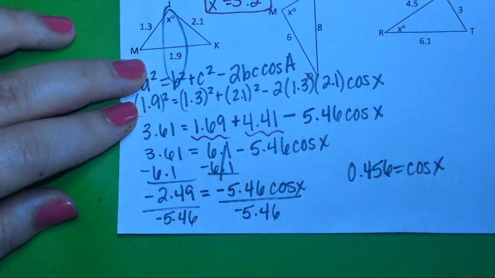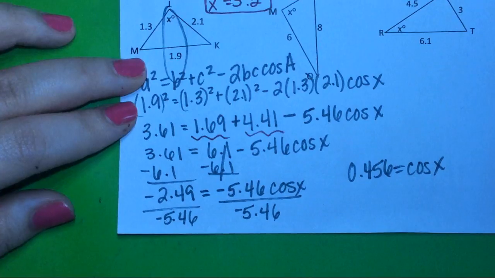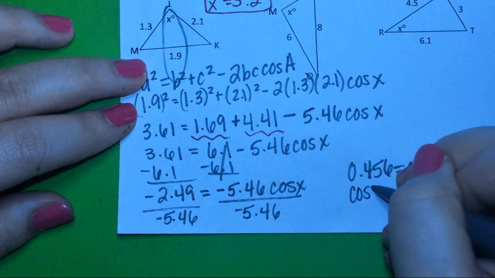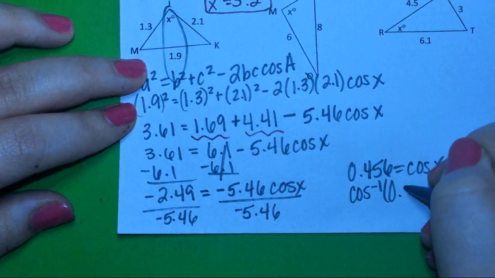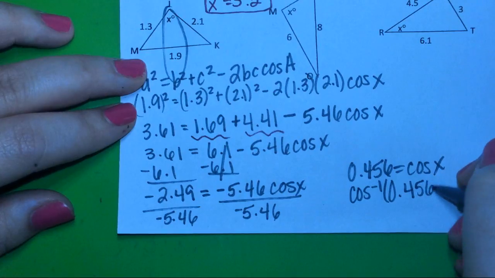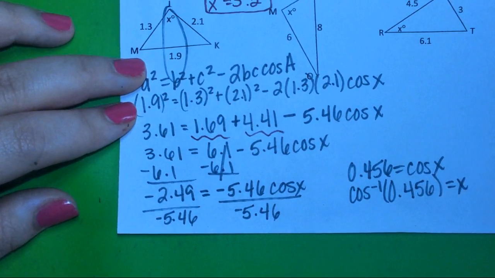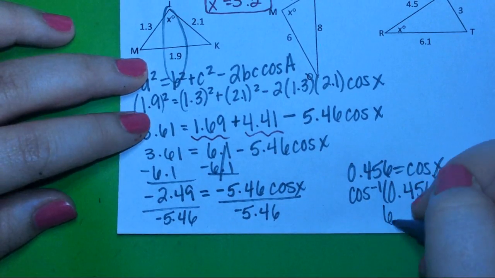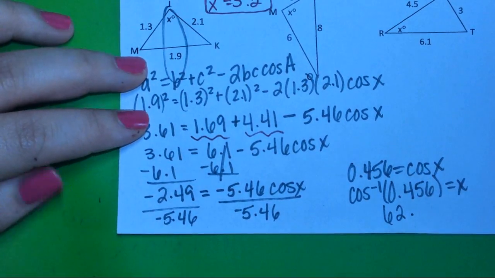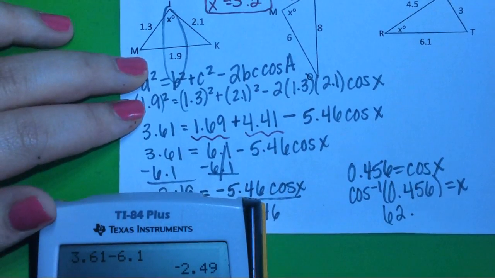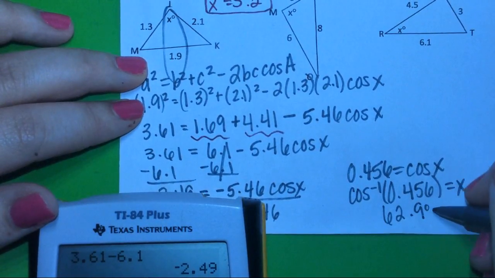Is x by himself? No, so I've got to do cosine inverse of both sides. So cosine inverse of 0.456. That needs to give me my x. I got 62.86 as well, so I'm going to say 62.9 degrees equals x.